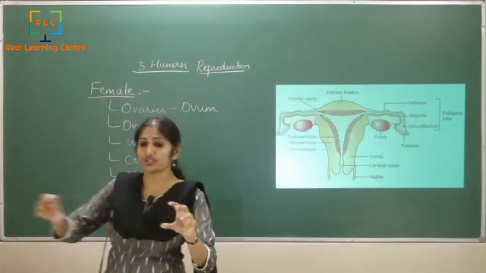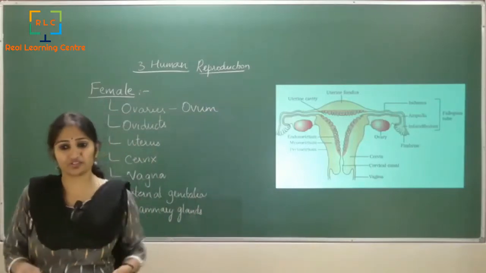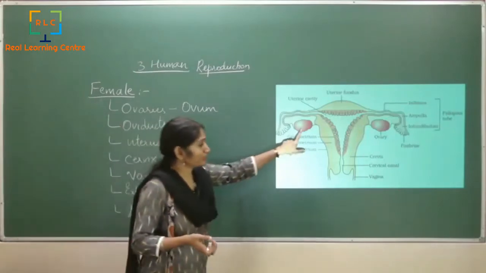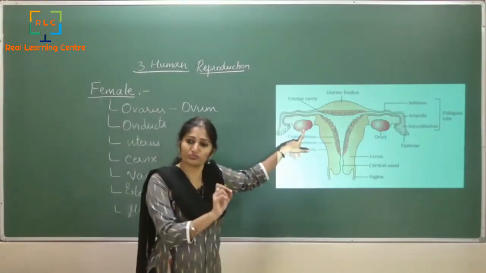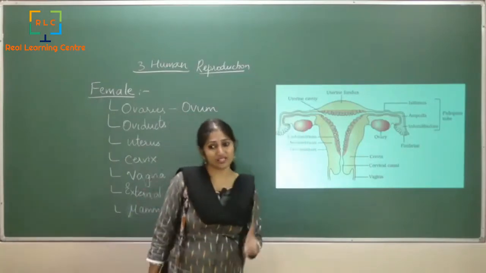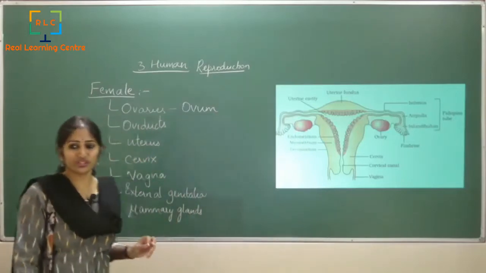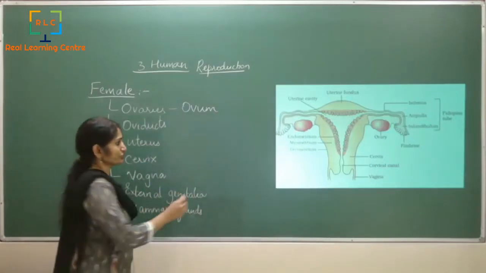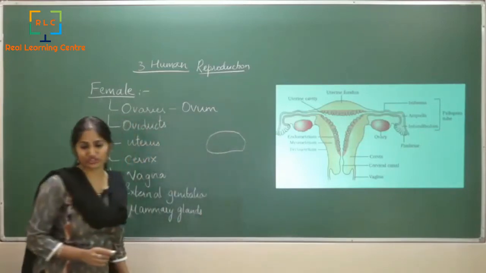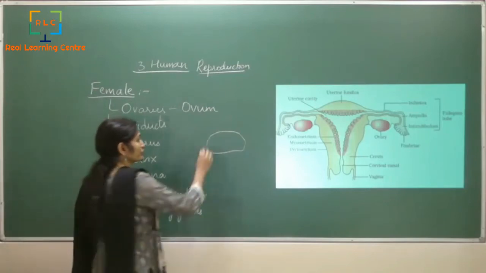So you see that this is kept in its place because of some tissues which help them to be between the pelvic wall and the uterine wall, and we call them ligaments, right? Each ovary is covered by, suppose this is the ovary. I will be showing you one more structure when we are talking about the formation of the ovum.